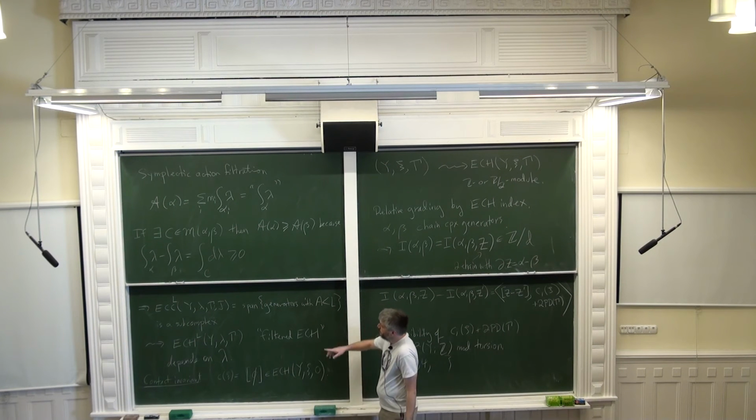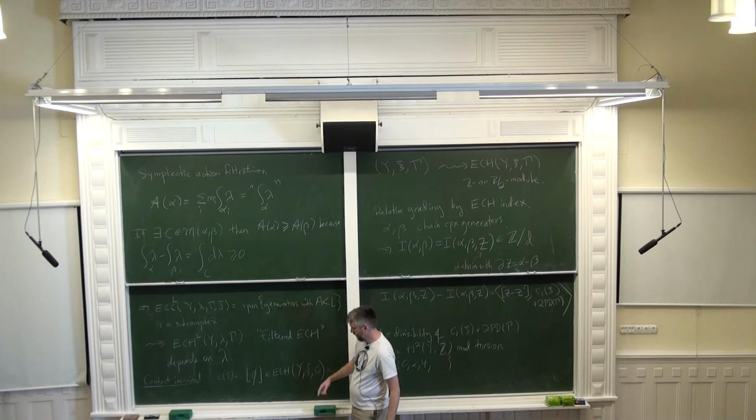So it follows from this little Stokes theorem calculation that the empty set is a cycle of the chain complex. So d of the empty set is 0. Because d of the empty set, if nonzero, would have to have negative action, and nothing has negative action. So it's a cycle, and you can check that this gives you an invariant which depends on the contact structure.